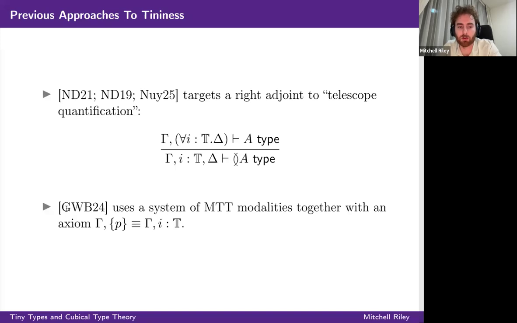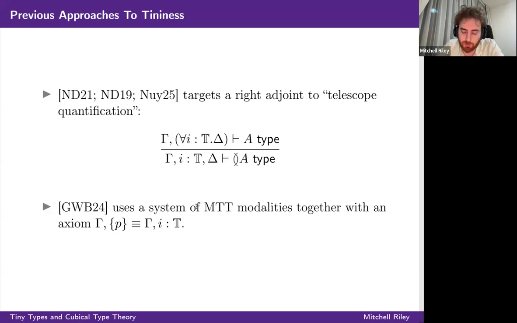And finally, in recent work, Gratzer, Weinberger, and Buchholtz, in their simplicial type theory, they're doing some synthetic higher category theory. And to get all of the operations that they need, they work inside this multimodal type theory with a whole suite of modalities.